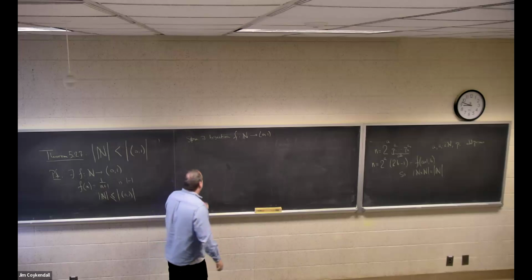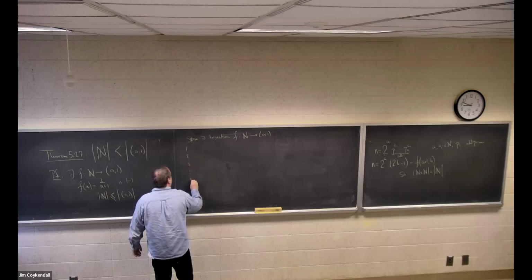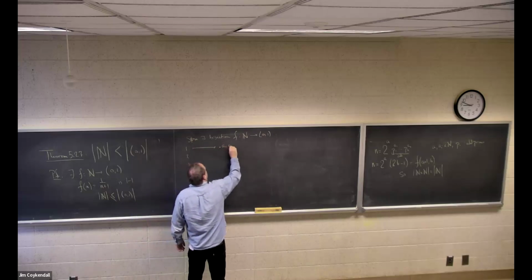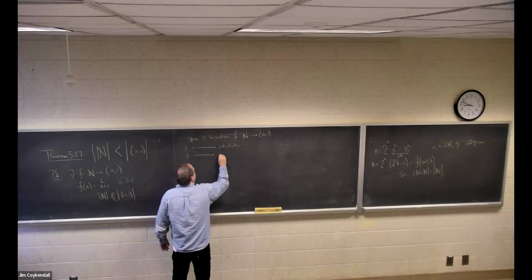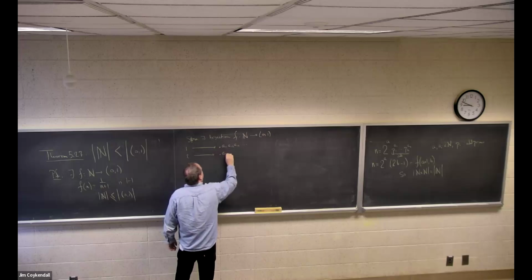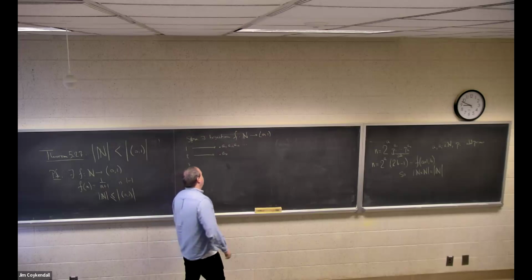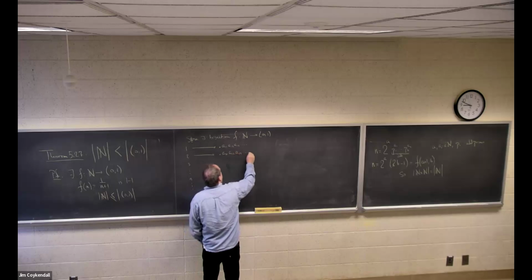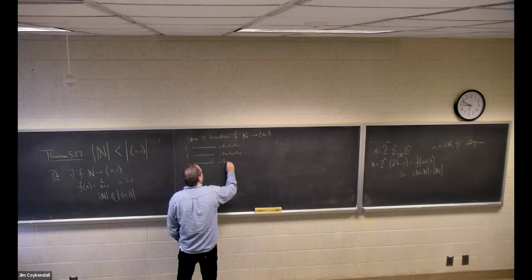And I'm going to write this out in decimal form, in the base 10 decimal expansions. And if anything ends in a string of 9s, I'm going to replace it with a string of 0s.